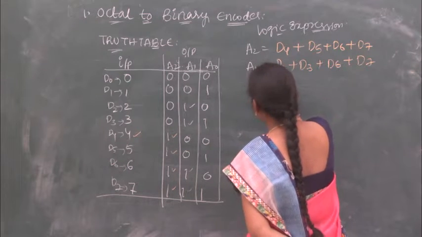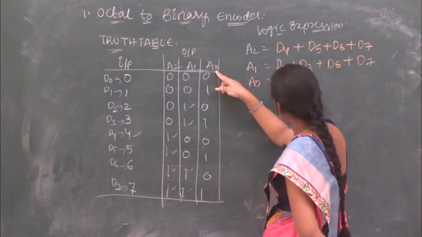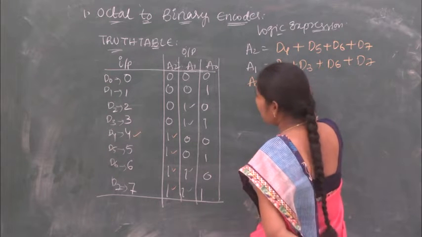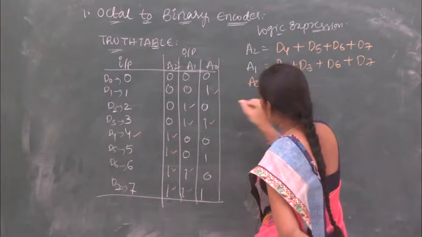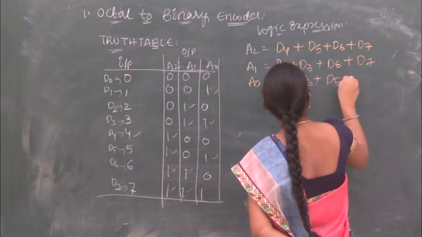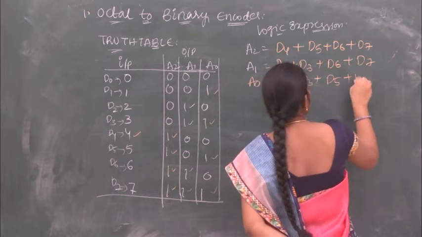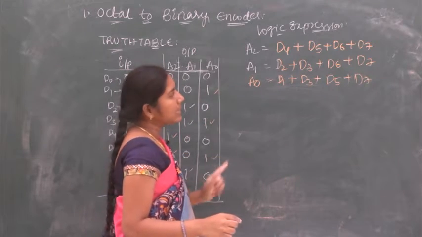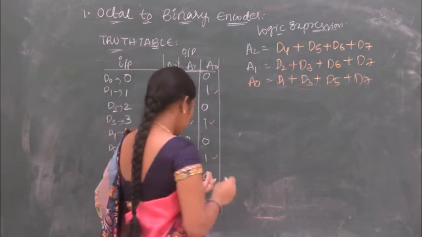And the third one is A0, and A0 is high for D1, D3, D5 and D7. Right?